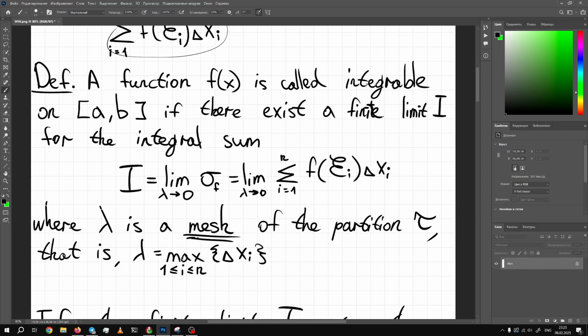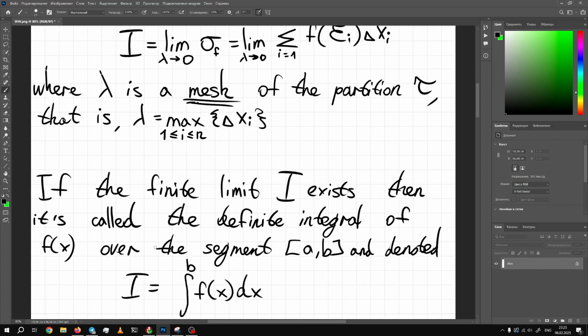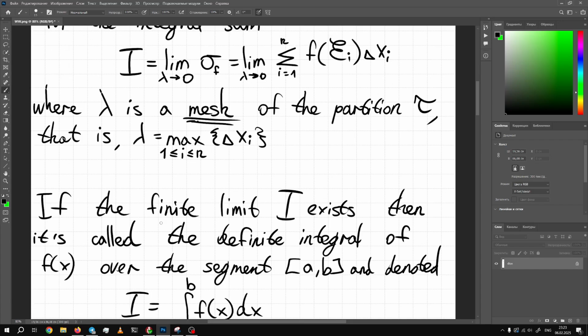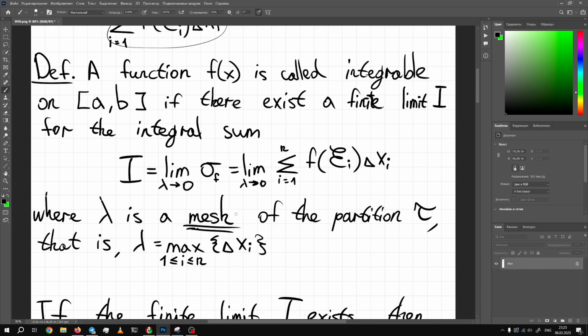So we just make more and more rectangles, the number of them goes higher, and by this we can write that the biggest of these intervals tends to 0.